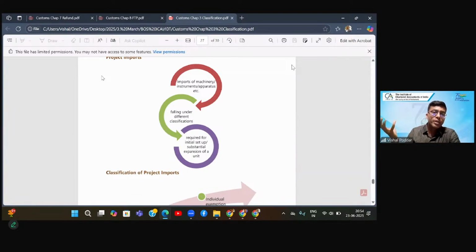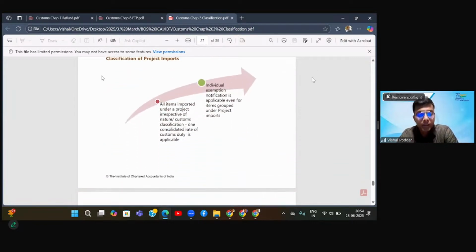To set up a power plant, different types of machines and items are imported, some are locally procured, and all these things together ultimately make one single unit, which is a power plant. Such things are called project imports, where different things are coming, but they ultimately make up one single entity. For such project imports, you have a separate classification.